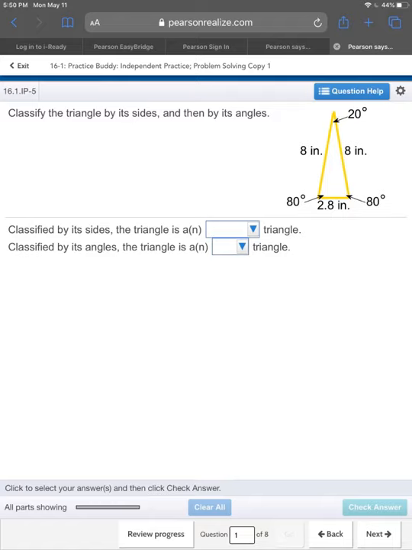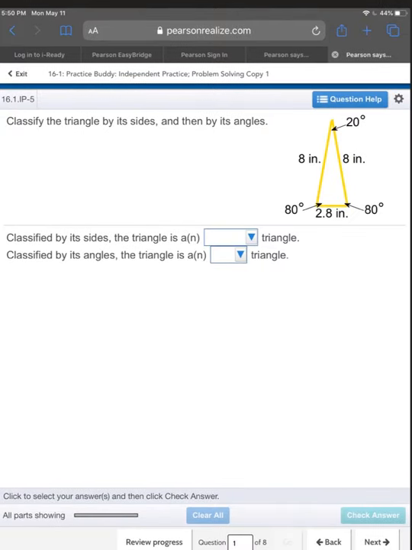The first question says, classify the triangles by its side, then by its angles. So I'm going to focus on the sides. I have two sides that are the same, and I have one side that's different.